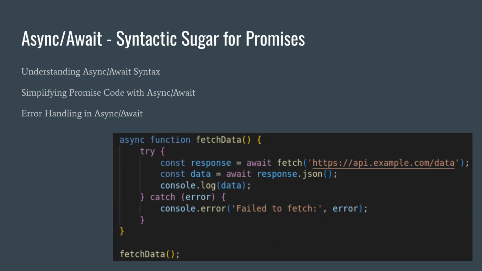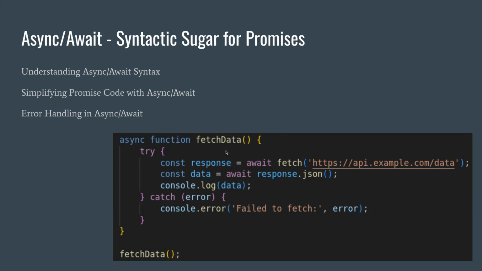We know that an async function always returns a promise, and the await keyword pauses the execution until the promise settles. So this async await syntax allows the code to look more synchronous and easier to read.